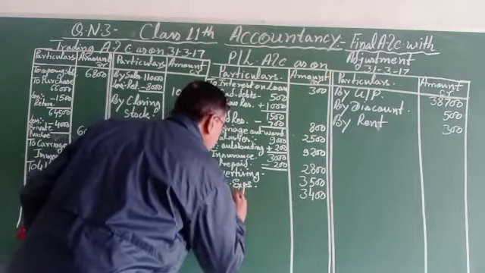Motor vehicle given 10,000, so 20% of 10,000 will be 2,000 and no additional information given. So now we have to total this one.